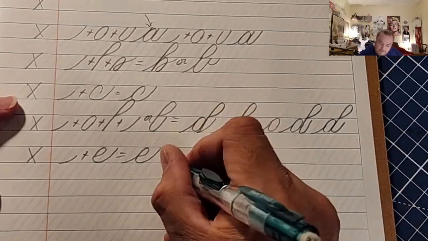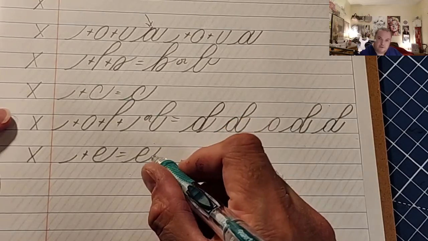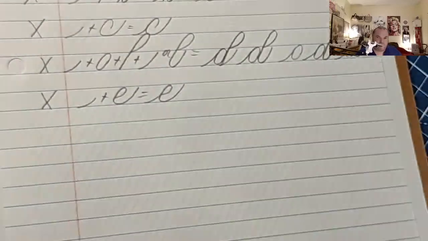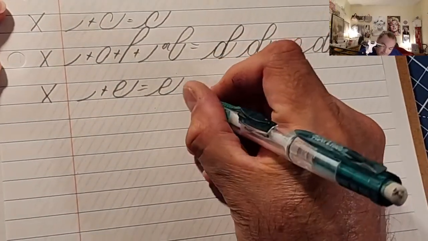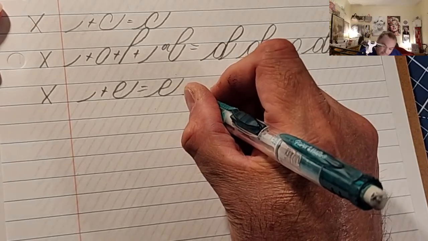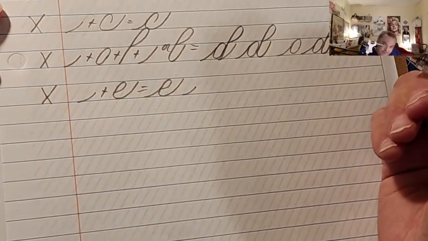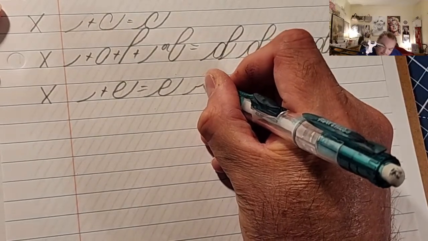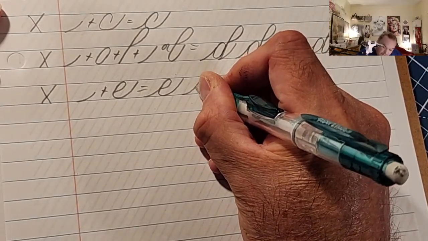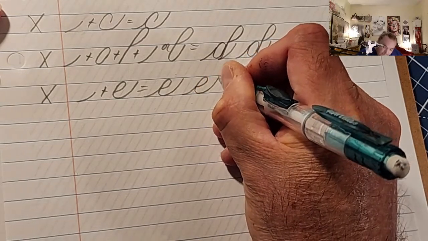Now, you should always try your best to lift your pen. So when you're doing your strokes, do an upstroke, lift your pen, put it right back on that space, and then go into your movement.